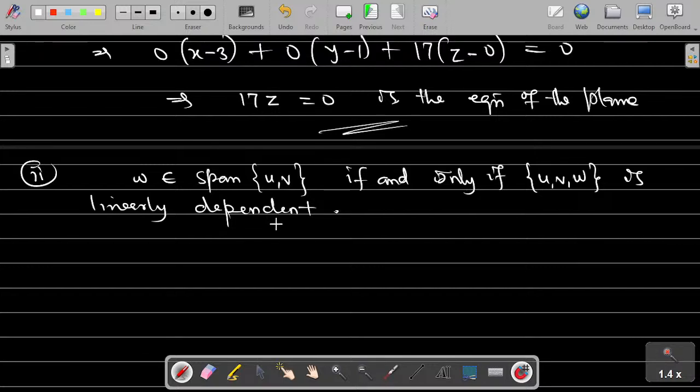The only way that this will be in the span is that this will be linearly dependent, and of course we can begin to see it.